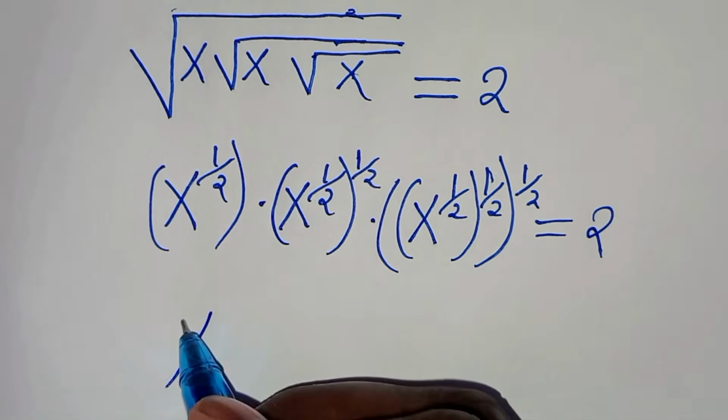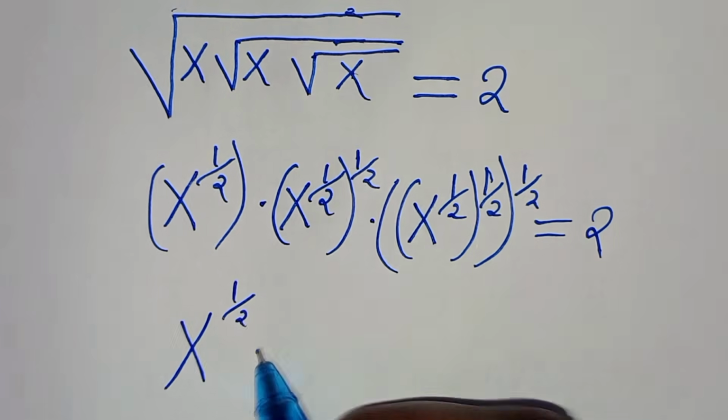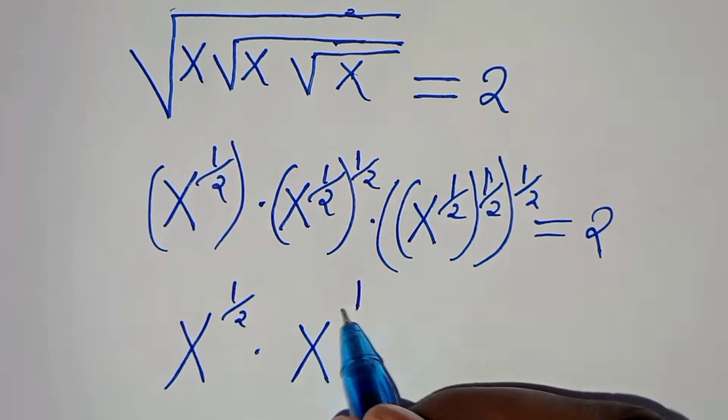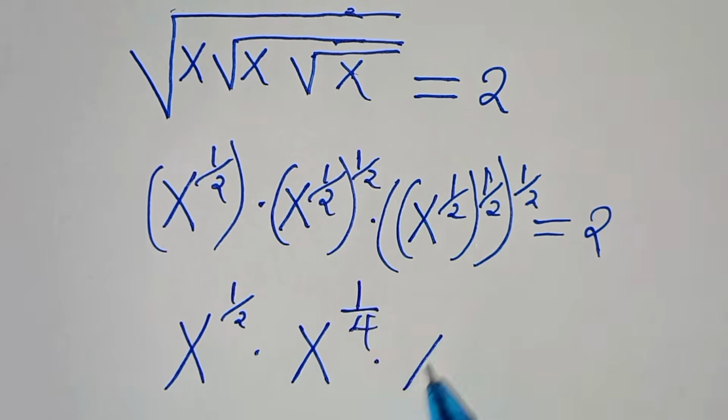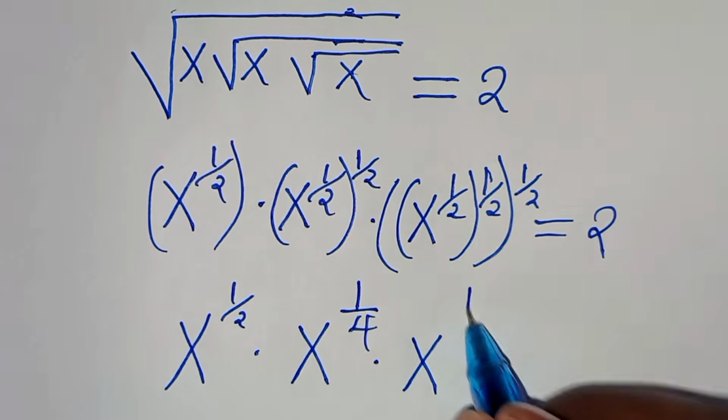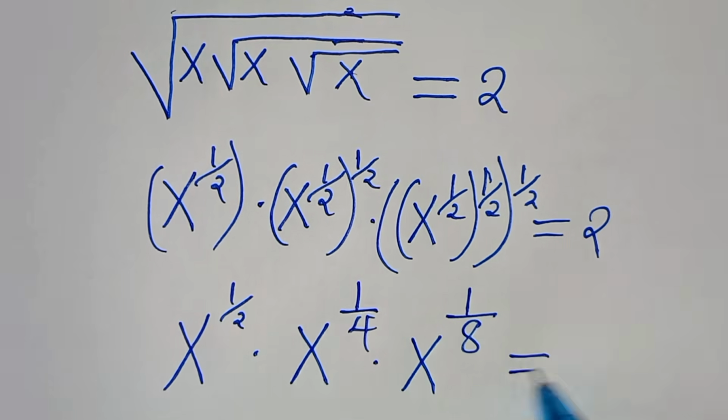So we have x raised to the power of a half times x raised to the power of a half times a half, this is 1 over 4, times x raised to the power of a half times a half times a half, this is 1 over 8, and this is equal to 2.